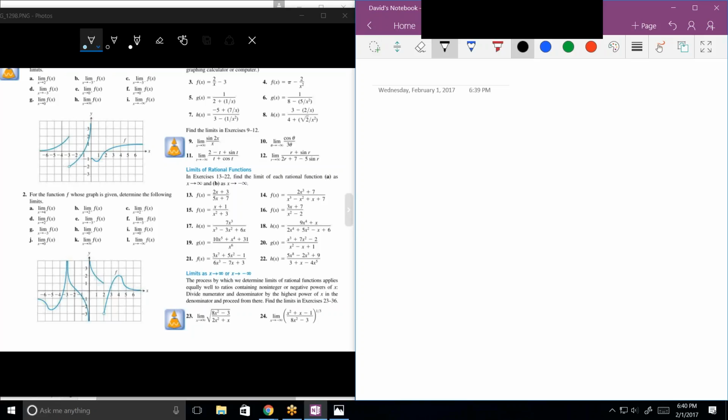Okay. So number 13. What does that go to? That would be 2/5. Number 14. 2. Yeah, and neither of these matter whether you're going to infinity or minus infinity.